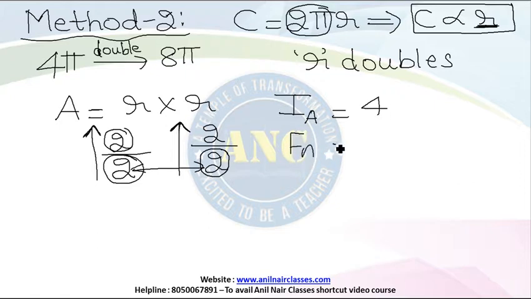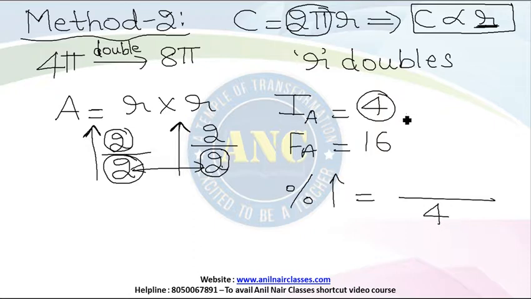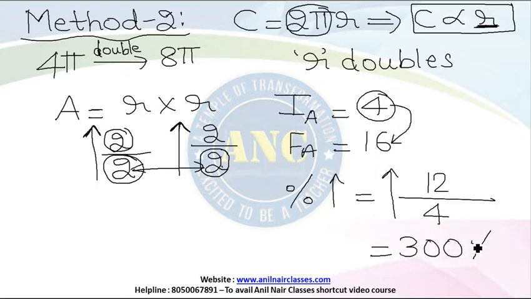For the final area, 2 is increased by 2, it is 4; 2 is increased by 2, it is 4. 4 into 4 is 16. Percentage increase in area: initially it was 4, put it in the denominator. 4 is becoming 16. That means there is an increase of how much? 12. 12 by 4 is 3. 3 into 100 is 300%.